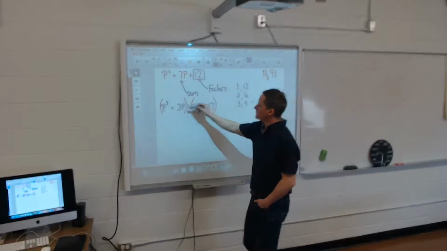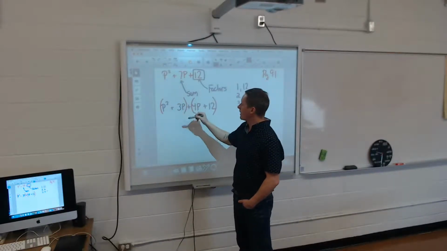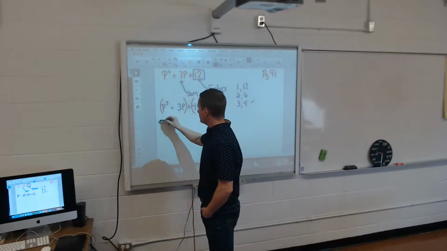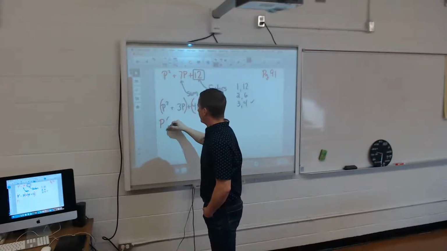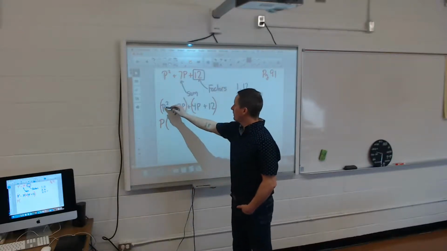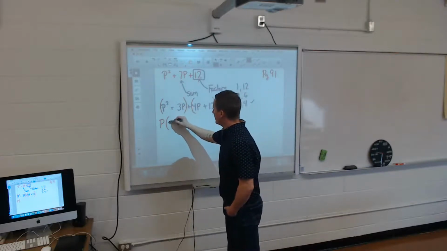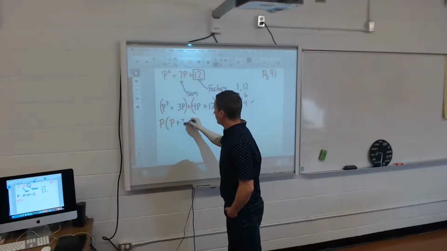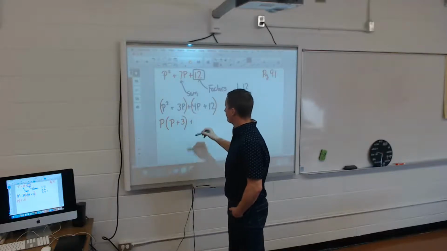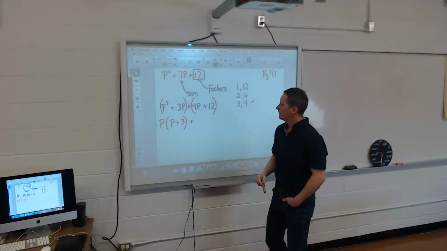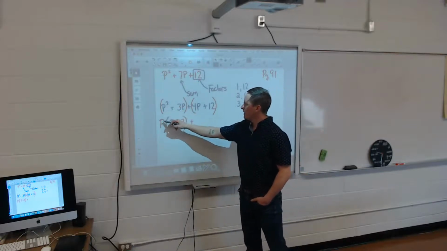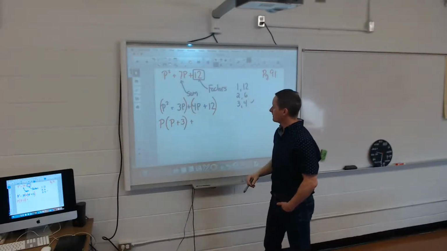I want the greatest common factor between p squared and 3p. And I'm going to take it out. So I know that p goes into here, p goes into p squared, and p goes into 3p. That leaves me with p add 3. Okay? So p times p is p squared, p times 3 is 3p.